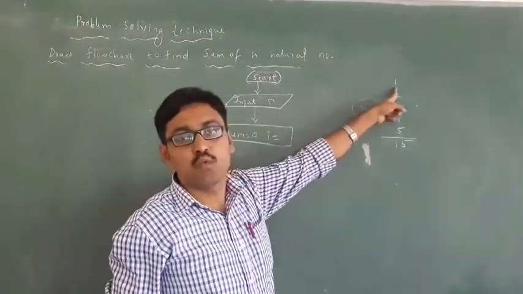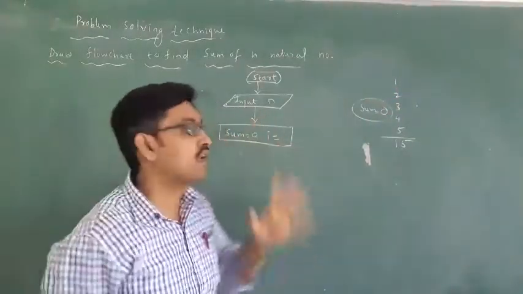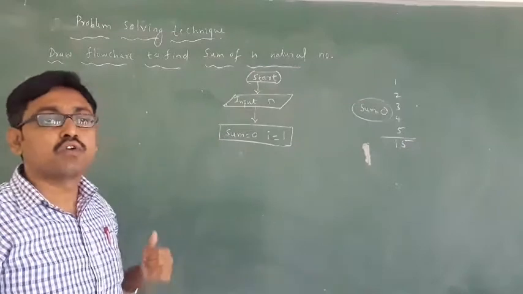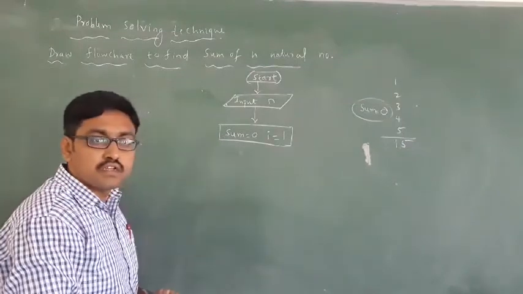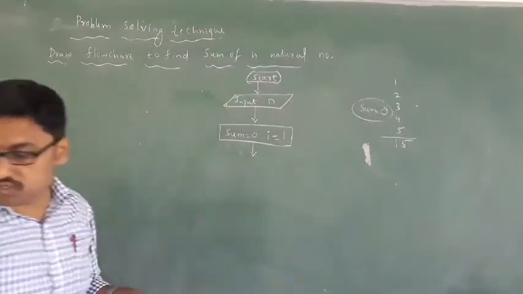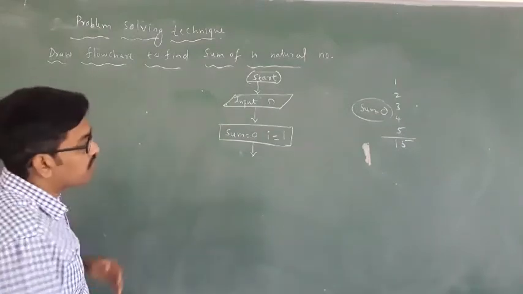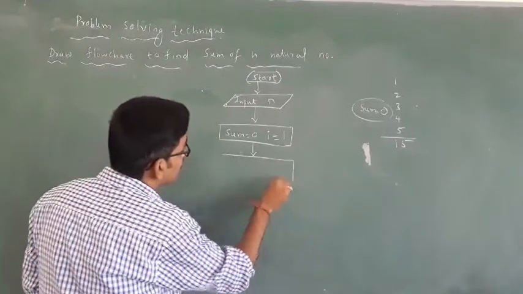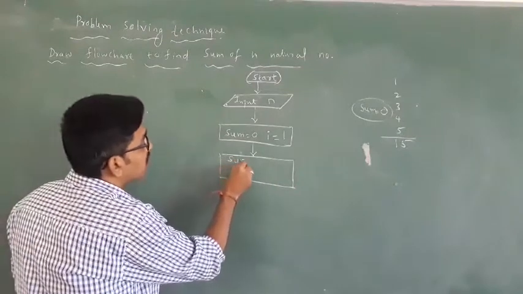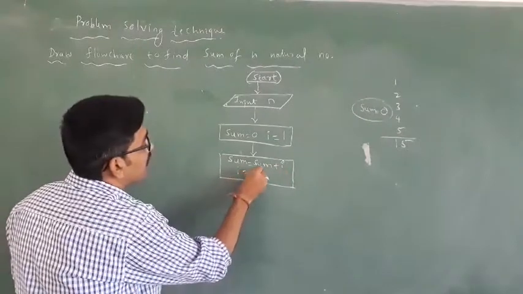Always natural numbers start with 1, not from 0. Just put a 1. Got it? Then go for the output you are getting. Then you have to write formulas, which you take in a rectangle box: sum equal to sum plus i, then i equal to i plus 1.